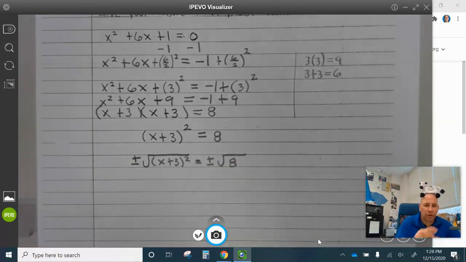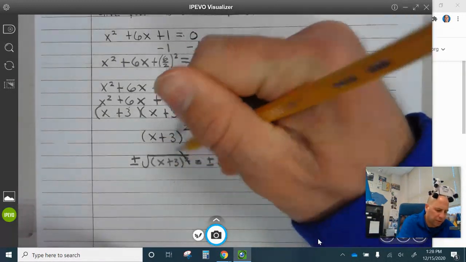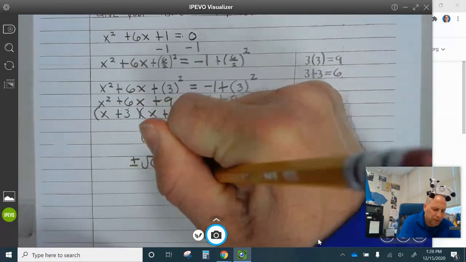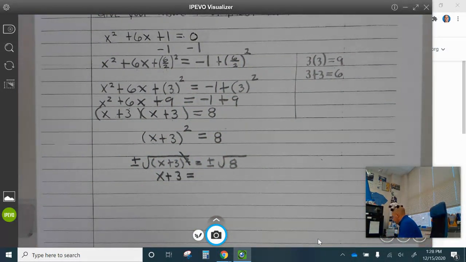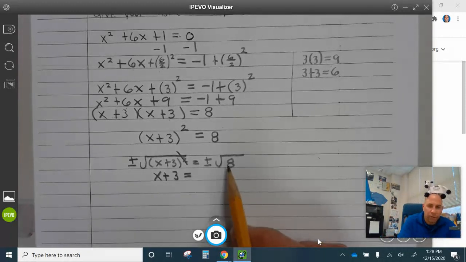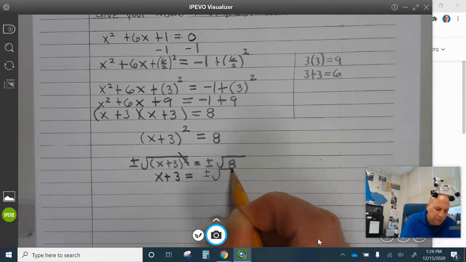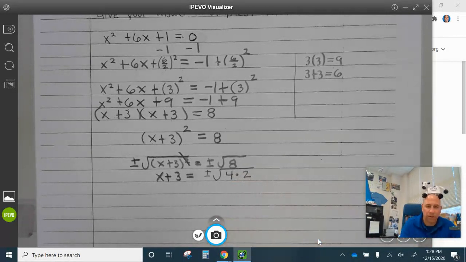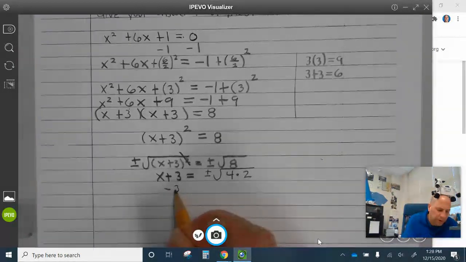Well, the square root cancels the squared, so you're left with x plus 3 equals plus or minus the square root of 8. Now we can write 8 as 4 times 2. Now we're going to subtract 3 from both sides.